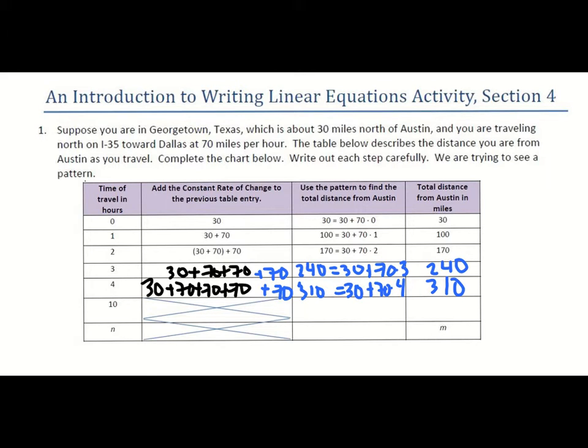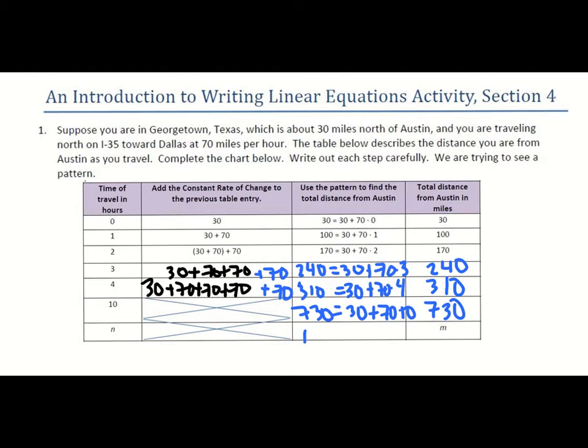So if I don't do the math and if I follow the pattern, I'm doing 30 miles originally, plus 70 times 10. 70 times 10 is 700, plus 30 is going to take me to 730. So I've gone 730 miles in 10 hours.